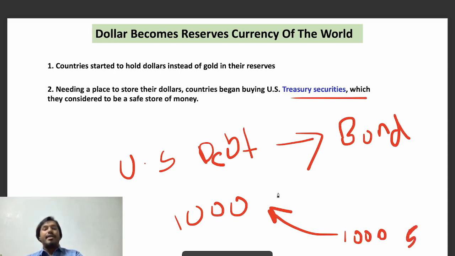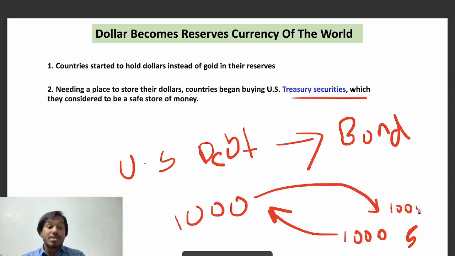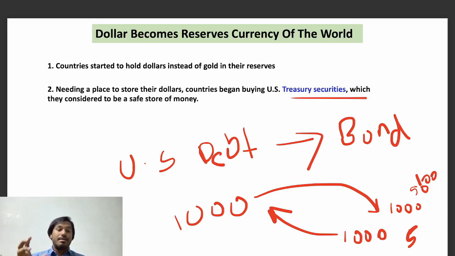And in return, America will return this $1,000 with interest, which might be around $5 or $50 or even $100 of interest. So basically the benefit to China is that they are storing their reserve, and at the same time they're making a little bit of income as an interest rate.